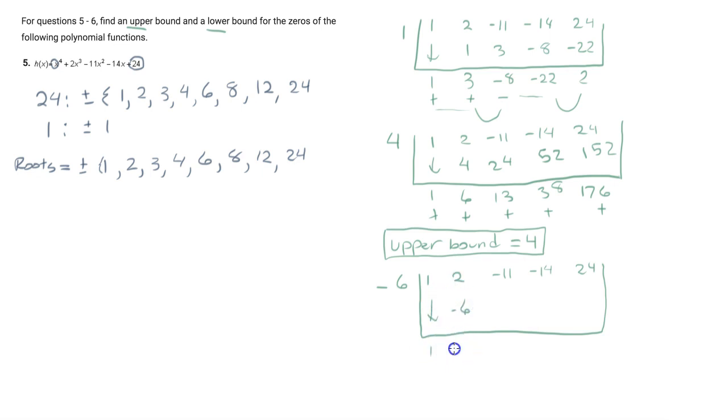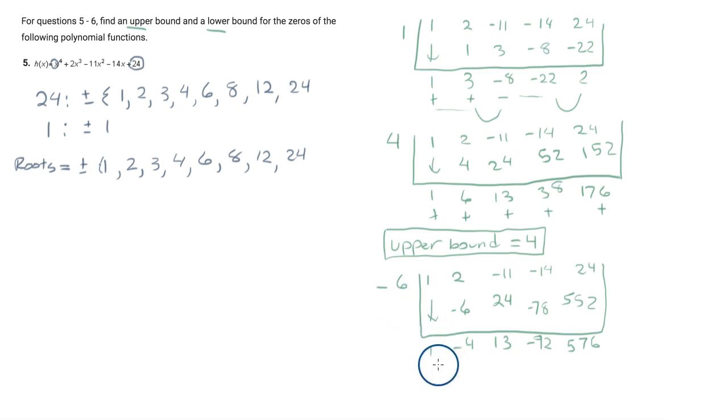Get negative 6 here, negative 4 here, positive 24, positive 13, negative 78, negative 92, positive 552, I did use my calculator there, and 576. So again, a lot of multiplication and addition. We see that our remainder is not 0, so that means negative 6 is not a root.